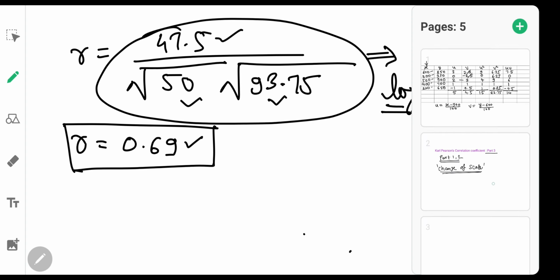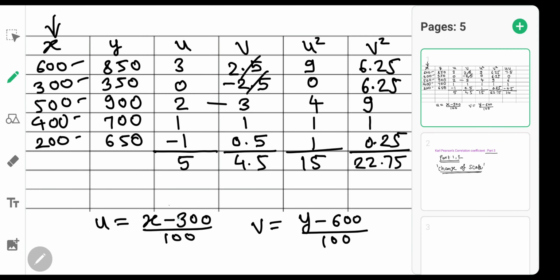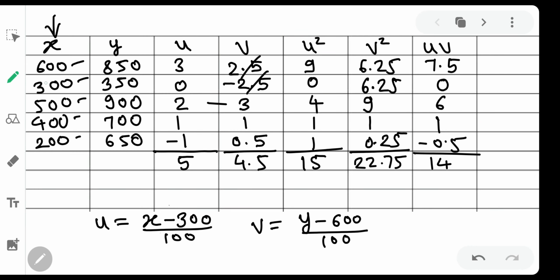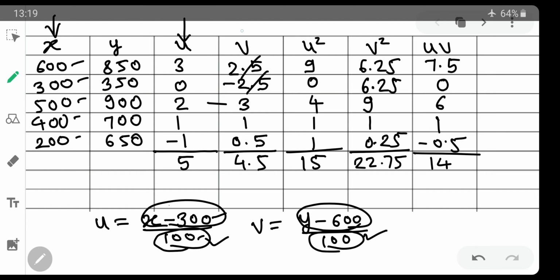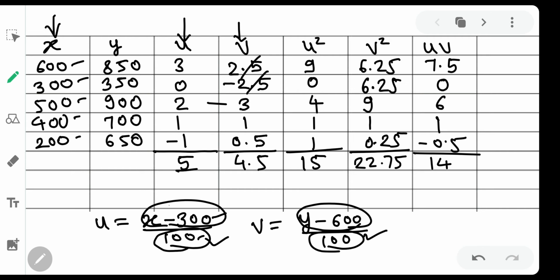Now what we have done is we selected a sum in which there were very big values. So we made use of change of origin plus change of scale. Change of origin is subtracting an assumed mean, and change of scale is dividing by a number. Over here we selected the number 100, which made our u and v very simple.